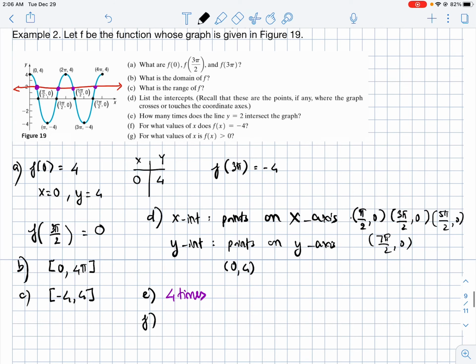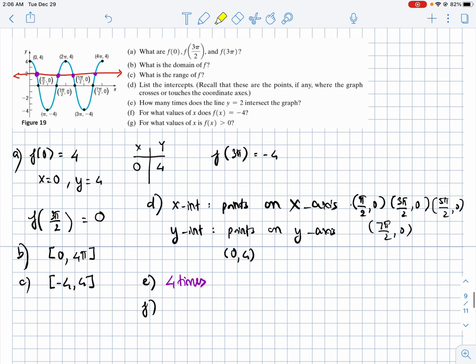Part F. For what values of x does f of x equal -4? What do we see with -4 here in terms of input and output? This is the output, right? So the x is the input. The input you don't know, and the output you know. If you think about ordered pairs, this means -4 is on the y part because this is the output, and we don't know the x. So we look at the graph for the points that have -4 on the y part.